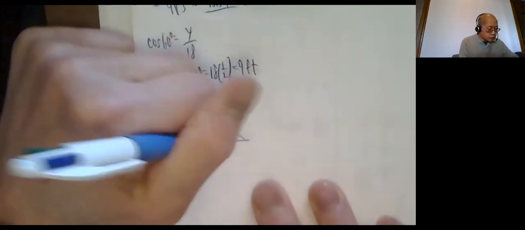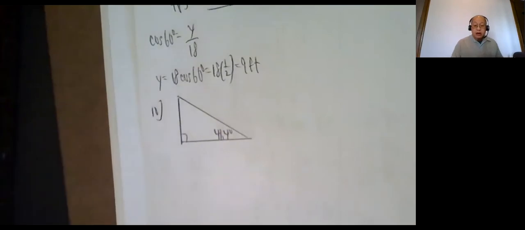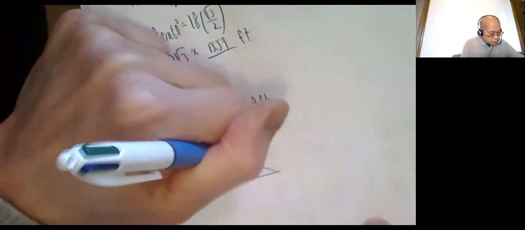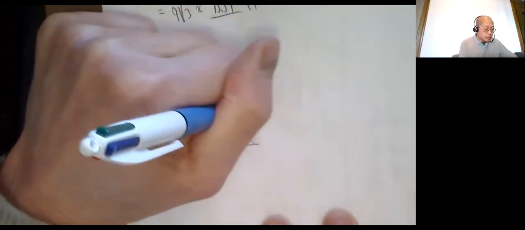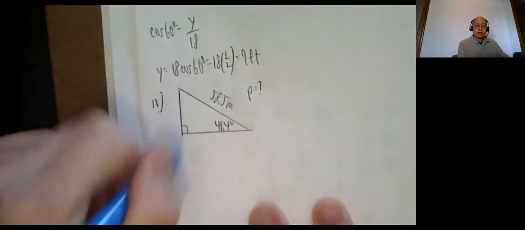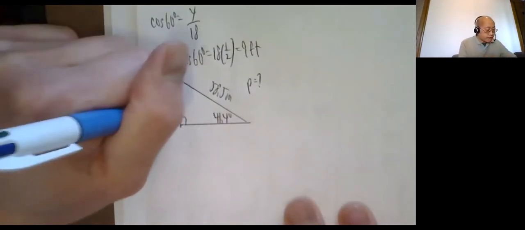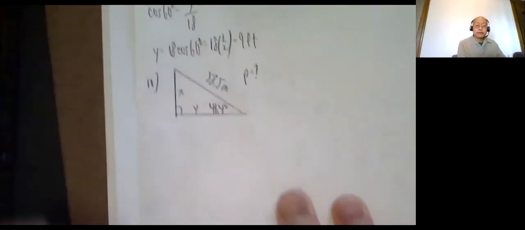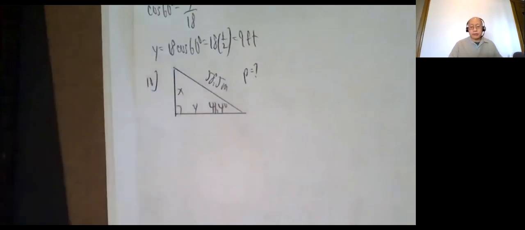You have an angle of 41.4 degrees. Doesn't matter which one it is. 41.4, and the hypotenuse is 58.5. And you're asking for the perimeter distance all the way around. So I've got to figure out x and y, I guess. And once I have x and y, I just add them all up.